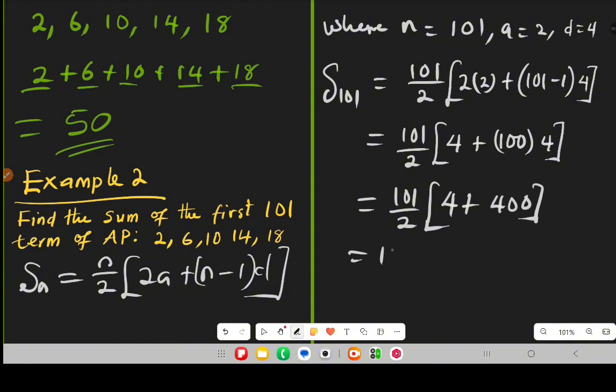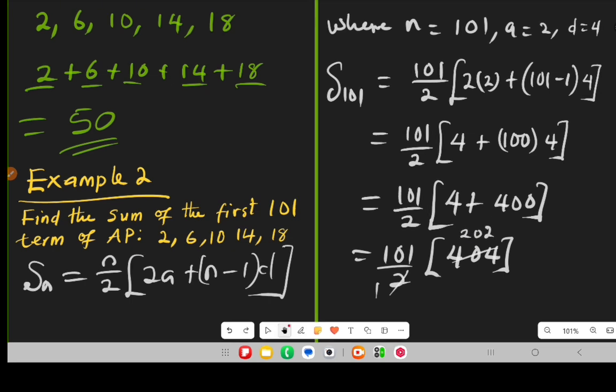We have 101 over 2 times 404. Divide by 2: 2 into 2, 1; 2 into 404 gives us 202. 101 times 202 will give us 20,402 if you use your calculator.